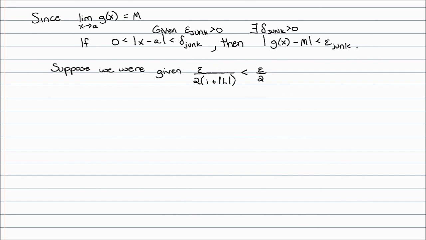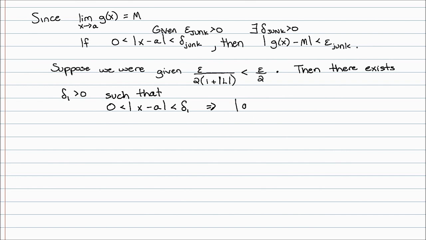Okay? Well, if that's the case, just by the fact that this limit exists, then there exists some delta, and so I'll say delta sub 1, some delta sub 1, such that whenever somebody comes along and we plug in an x from this delta neighborhood, it will imply the distance between the output and its limit, which is m, is going to be less than epsilon over 2 times 1 plus the absolute value of L, which again, by the way, just happens to be less than epsilon over 2.